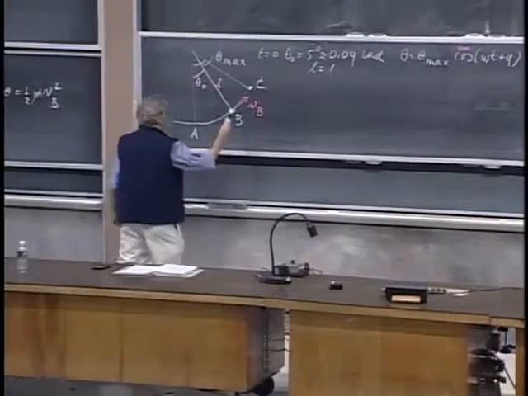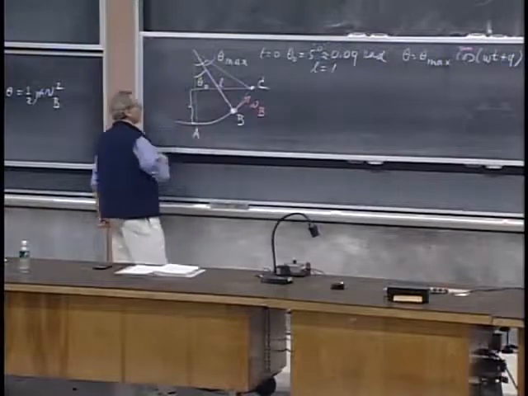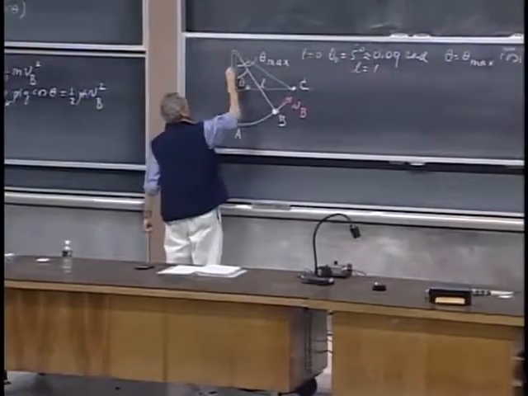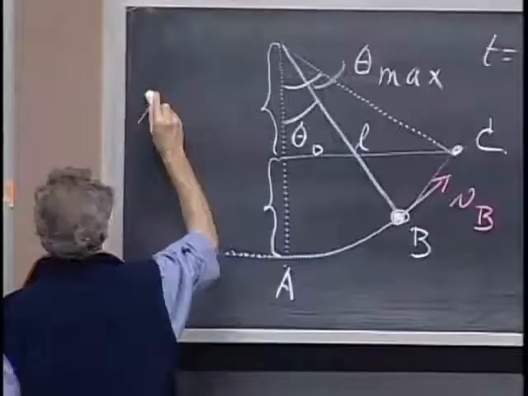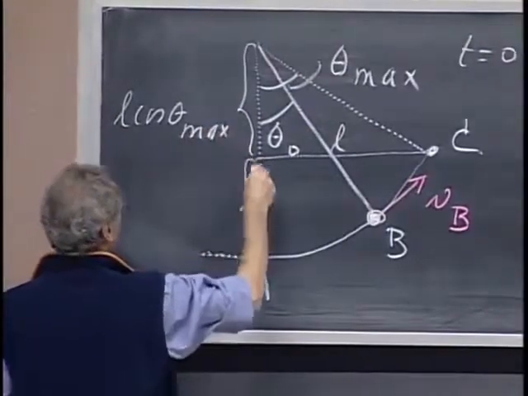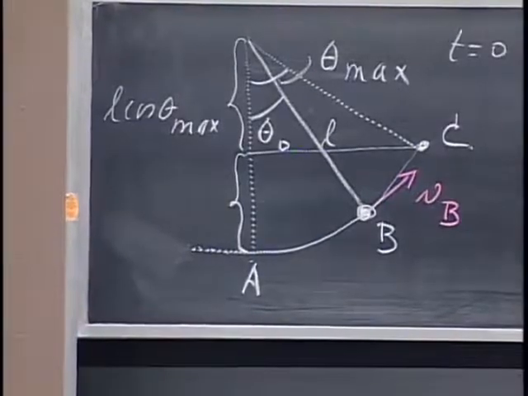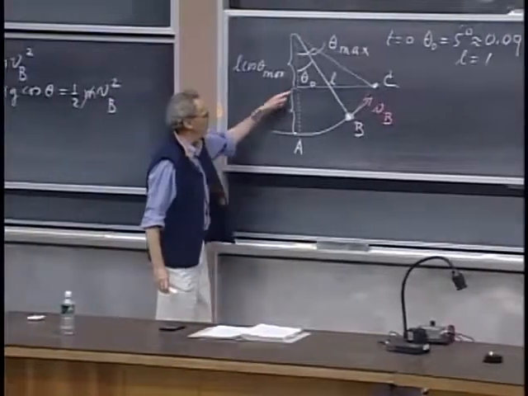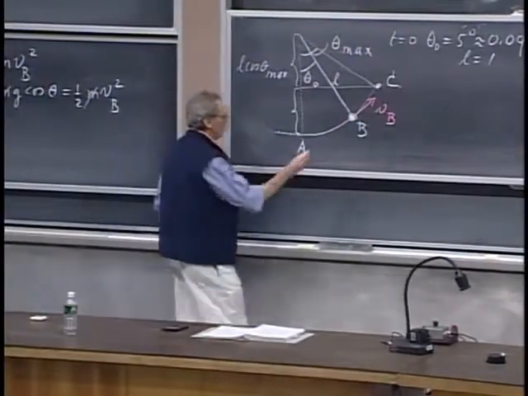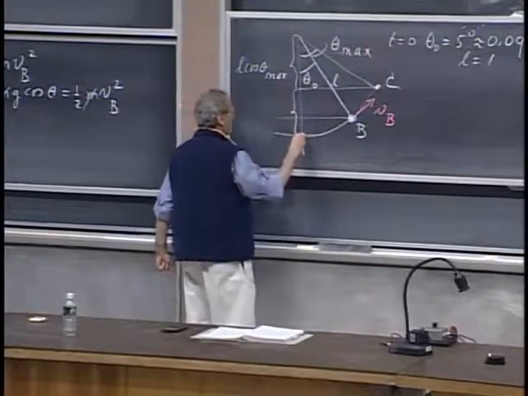Well, if we knew this, then we would know what theta maximum is. Because this part here equals L times the cosine of theta max. And so this is L minus L cosine theta max. So it comes down to calculating how high this object comes above point A. Well, I will split this into two heights.